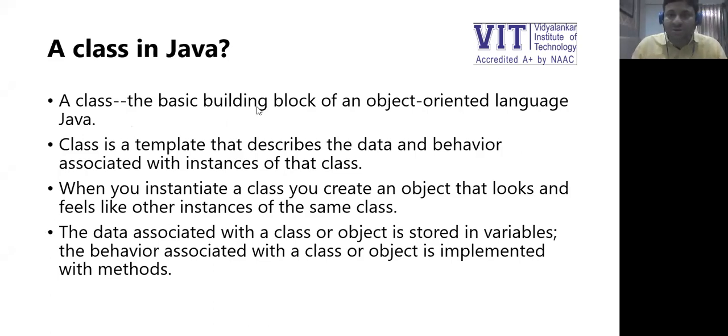When you instantiate a class, you create an object that looks and feels like an instance of the same class. If I'm creating an object of class student, and it has data members name, roll number, and percentage, then every student object that we create will have these attributes. So every student will look the same and have the same attributes, but the values may differ. One student's name is Ajay, another student's name may be Sanjay, but they will have the attribute name.